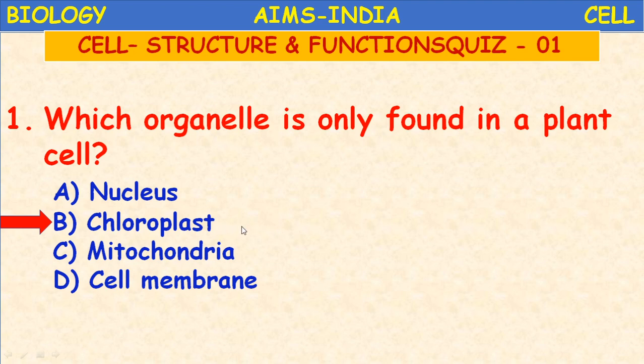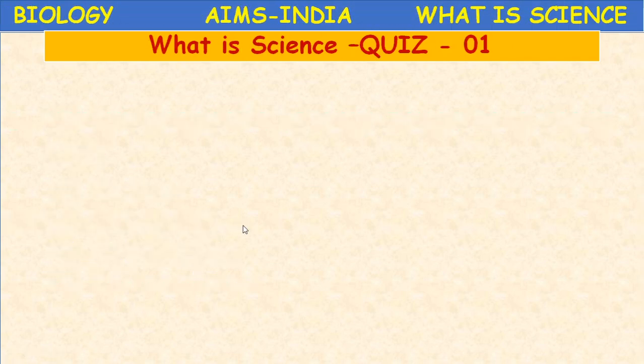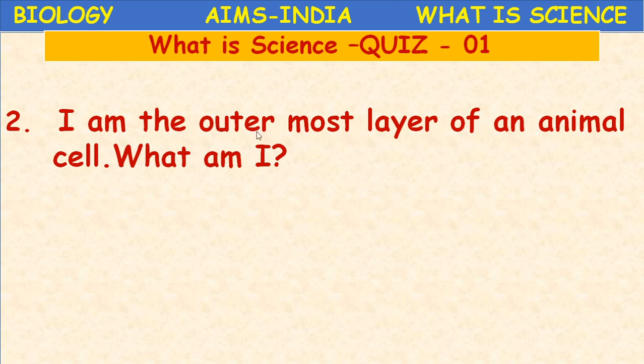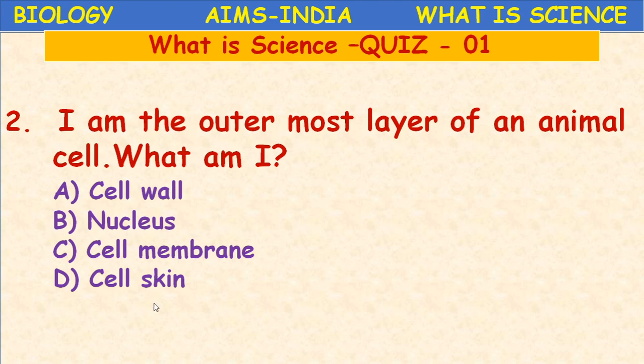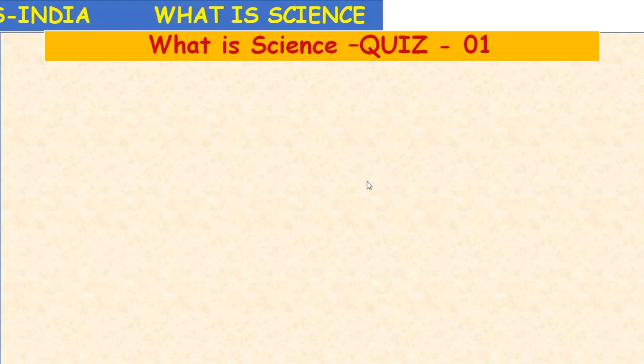Chloroplast is the structure present only in the plant cell, absent in the animal cell. Next question. I am the outermost layer of an animal cell. What am I? Cell wall, nucleus, cell membrane, cell skin. Yes, cell membrane.